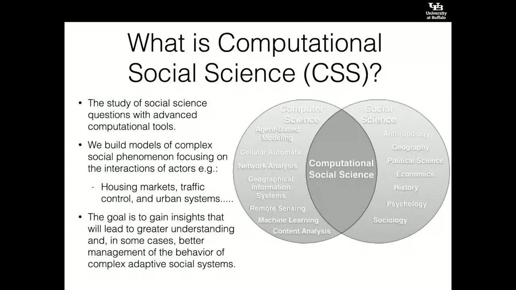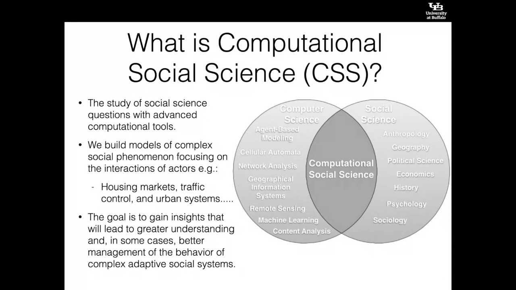Often in computational social science, we're building models and trying to understand interactions of the various actors that make up the system of interest. If we have the housing market, we might be interested in individuals buying and selling houses. If we're looking at traffic control, we might be looking at individual drivers or people deciding to take public transport versus driving, which during COVID is potentially an interesting area.